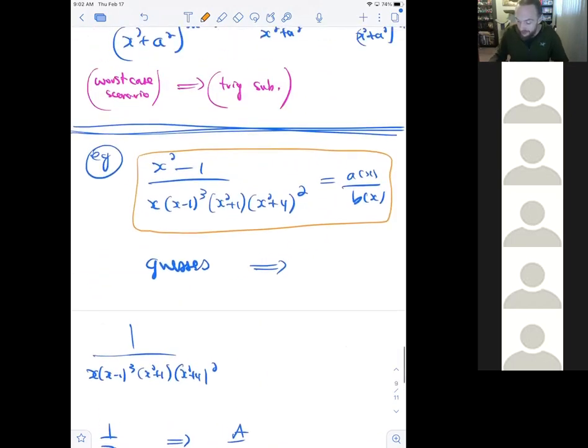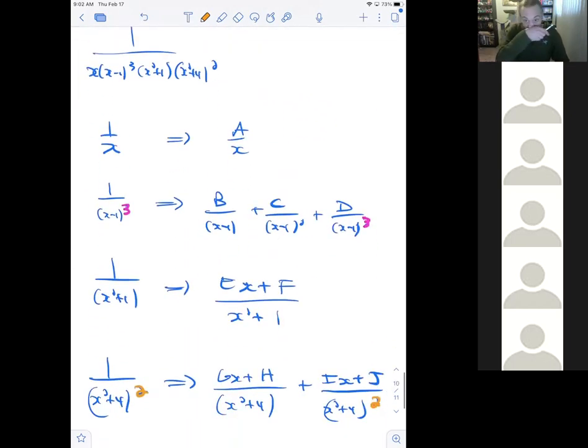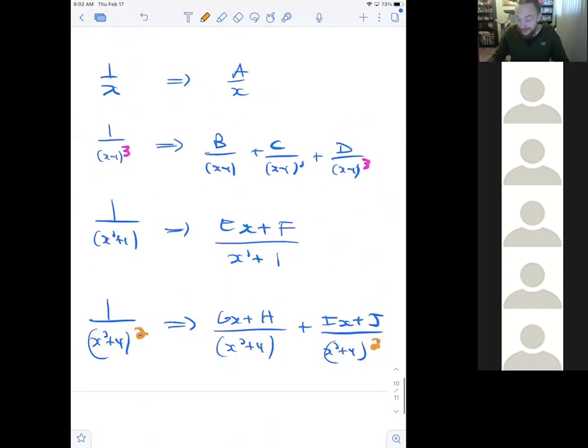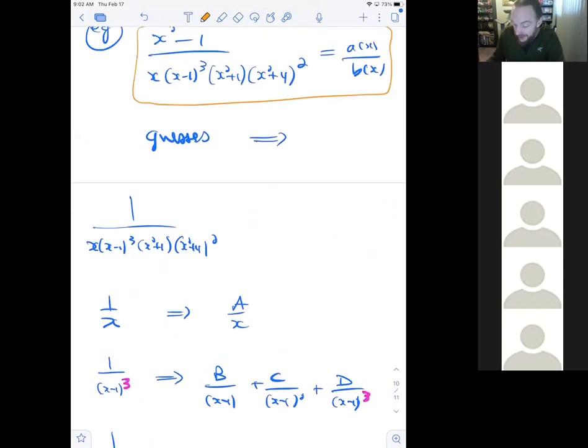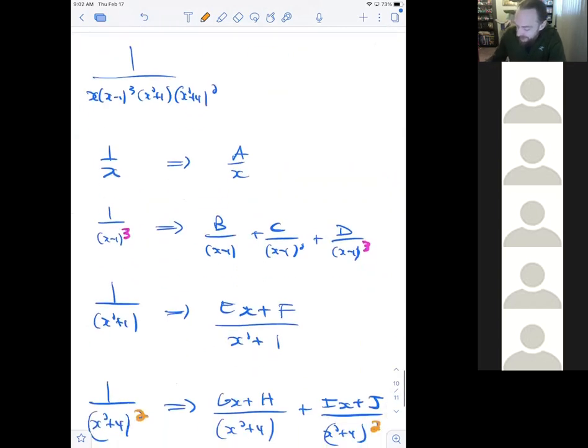If it's a linear one, you do the same thing till you get to the highest power, the 3 or the 2. So these are the guesses. And you can eventually tell how many of these coefficients you're going to have to find based on the degree of my polynomial. The degree on the bottom is, oh no, wait, 1, 2, 3, 4, 5, 6, 7, 8, 9, 10.